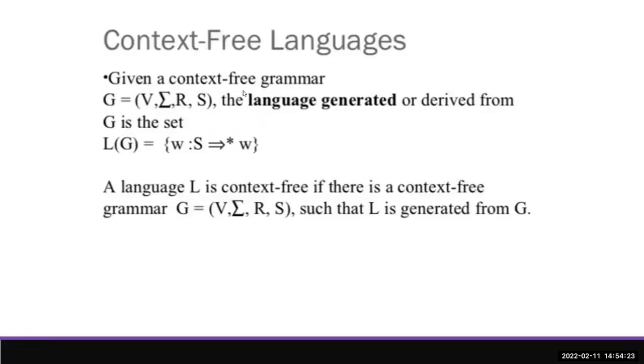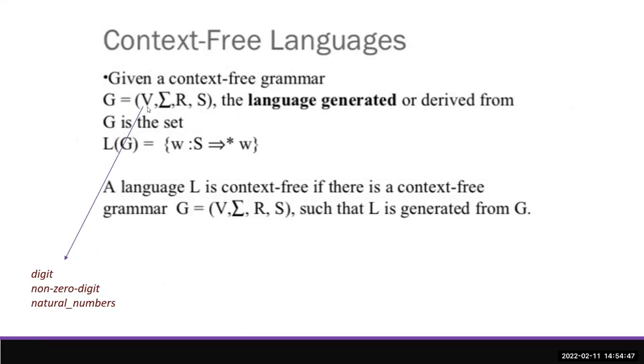Context-free grammar and context-free language is more than the regular language. It will have the stack. For tokenization, we basically do not need this one. Here you can have V as digit, non-zero digit.